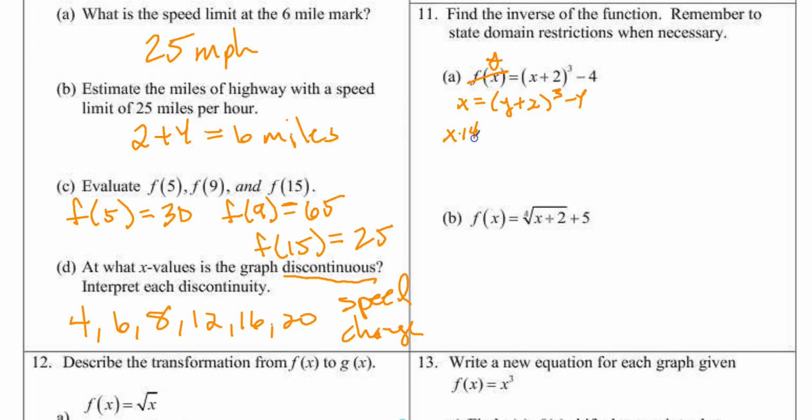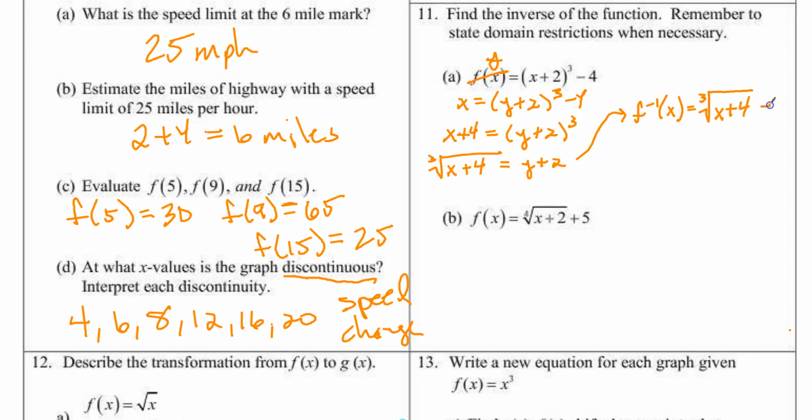So x plus 4 is equal to y plus 2 cubed. I'm going to take the cube root of both sides. So the cube root of x plus 4 is equal to y plus 2. And then my last step, to get my inverse of f, is going to be the cube root of x plus 4 minus 2.